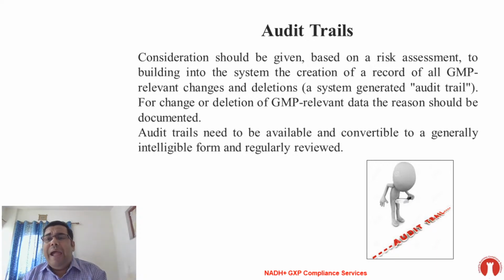But as they deleted the data from the main server, the company got a 483 observation, and the inspectors insisted that data is nothing but your original data. It is the original data, okay? So you are not supposed to delete it.